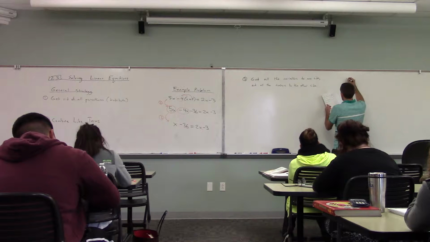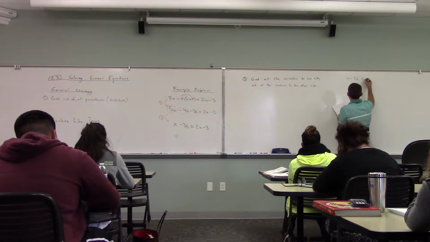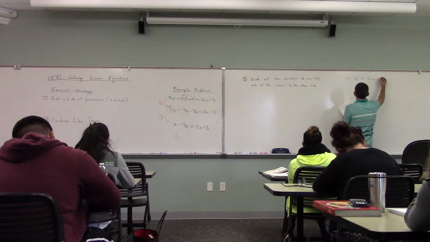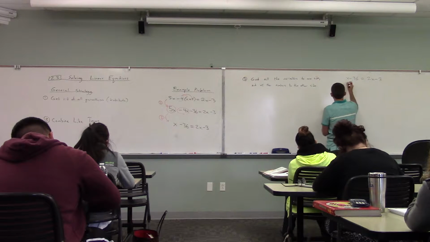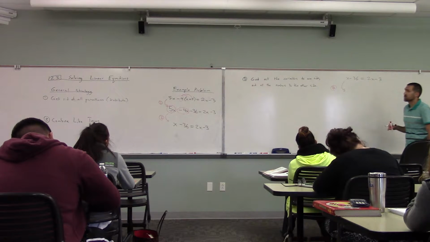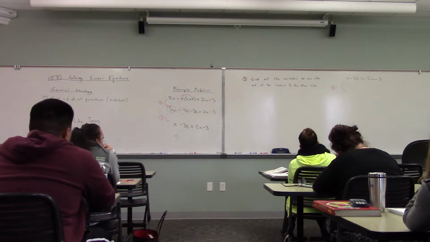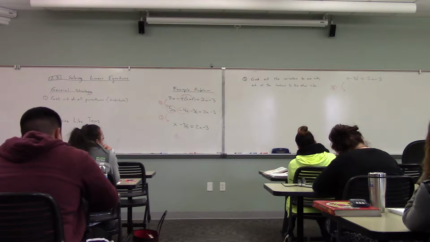So this was x minus 36. You don't need to copy it a second time. I'm just copying it because it's from the last page. So step 3 would be this. I'd say, okay, which side do I want to get things on? Doesn't matter. Which side do you want to put it on?